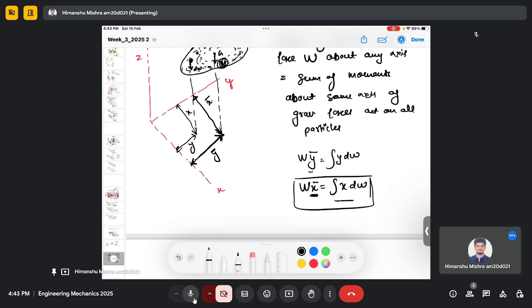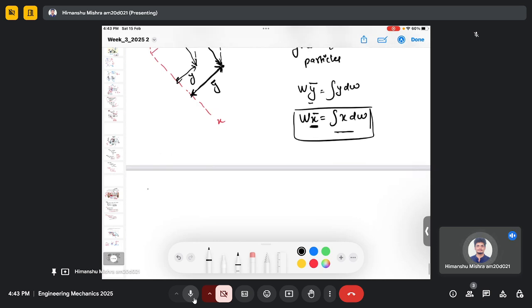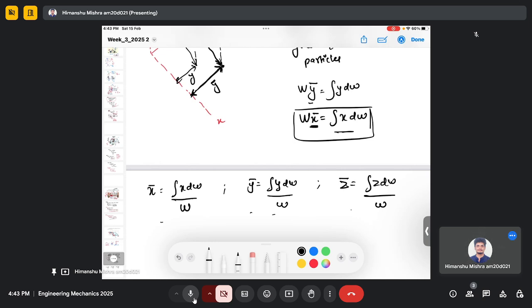So from this equation we can write x bar as the integral of x dW divided by W. Y bar equals the integral of y dW divided by W, and z bar equals the integral of z dW divided by W. So this is the location of center of gravity.